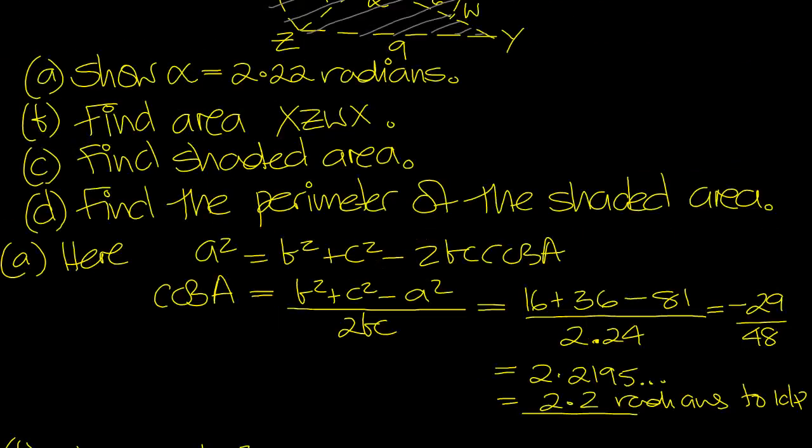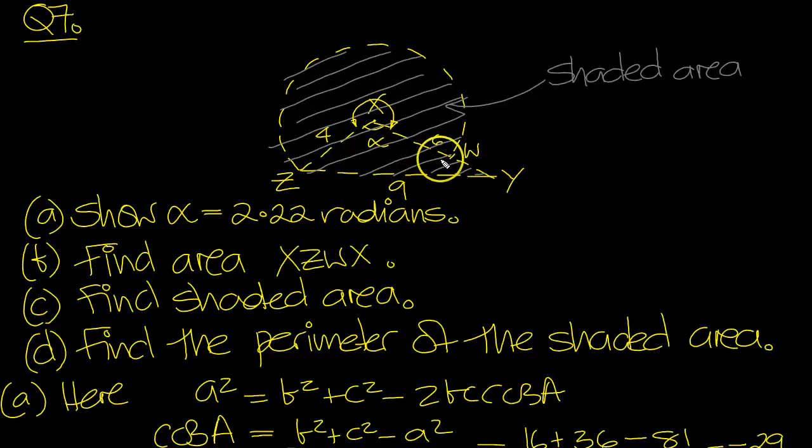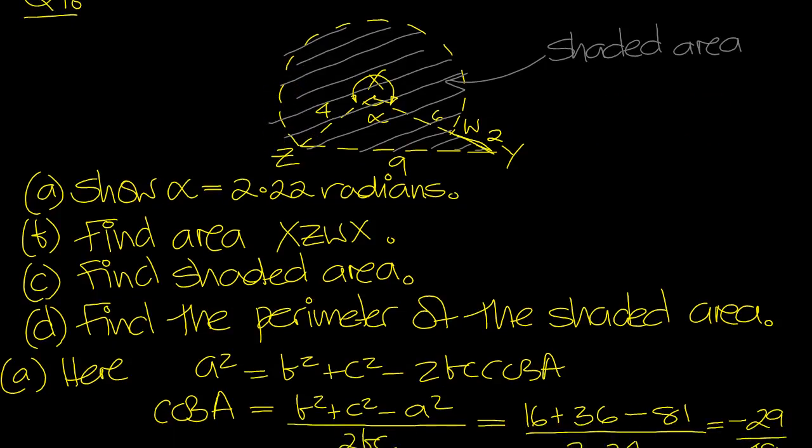Find the perimeter of the shaded region. The perimeter of the shaded region, this length here is 9. The only thing is, what is this length here? Well, that would be 2, because this radius was 4. So we've got 9 plus 2, and then this arc length here.